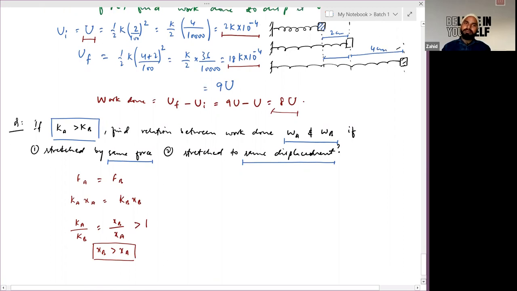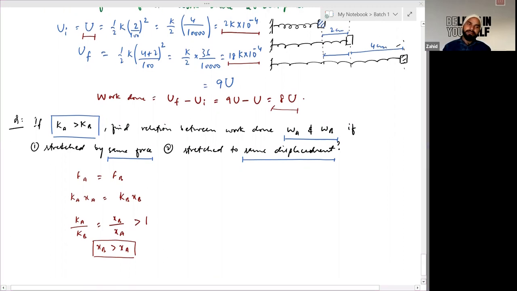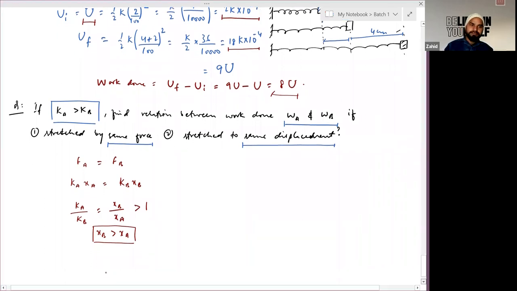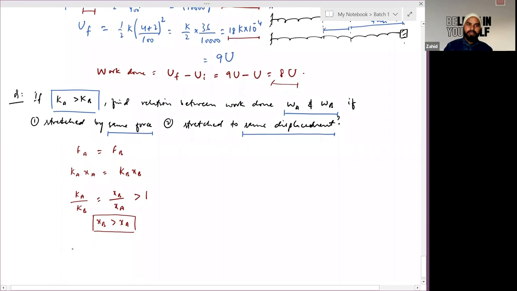Now we have got the relation between displacement for the two springs. Now work done is nothing but force times displacement. So work done in A is equal to force in A times displacement, and similarly, work done in B is equal to force times displacement in B. Just divide these two terms.